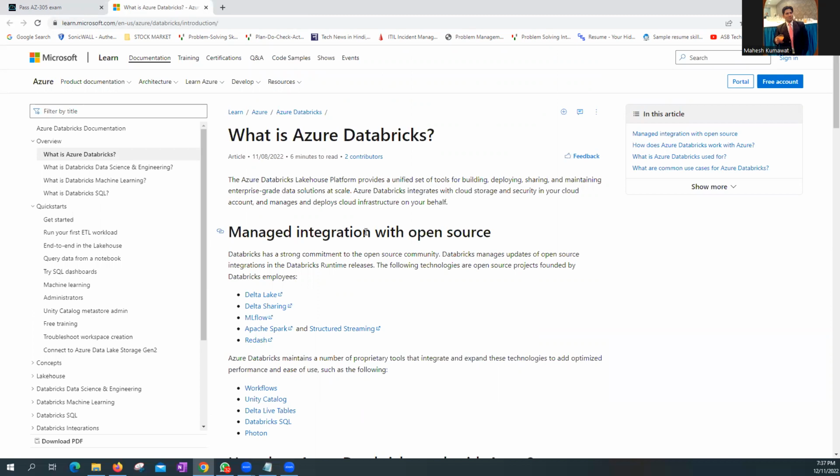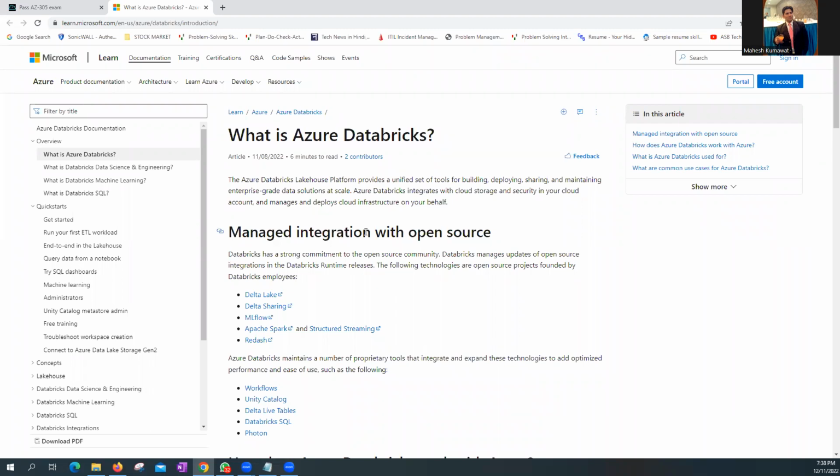How are you going to make it decision based? How are you going to provide deployment strategies? How are you going to share your data across different regions? I'm talking about a multi-tenancy environment there. In a multi-tenancy environment, how do you effectively and efficiently use and maintain your Databricks?